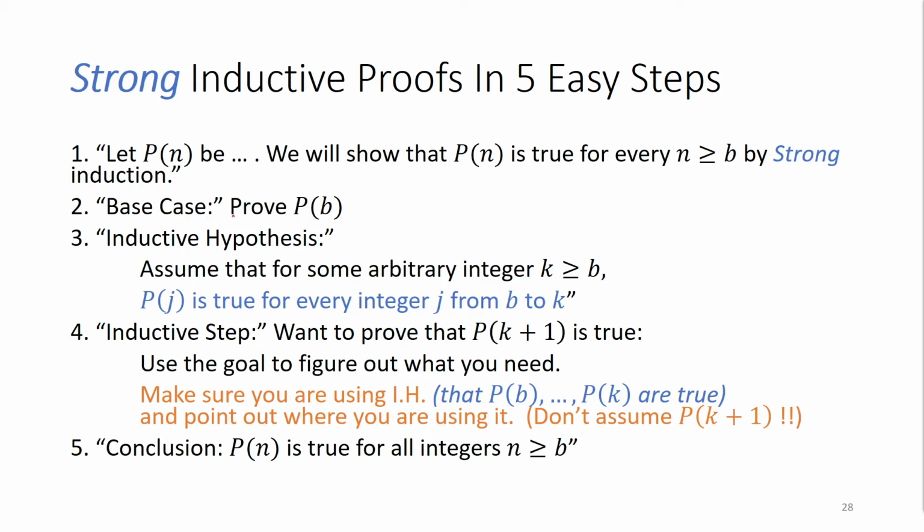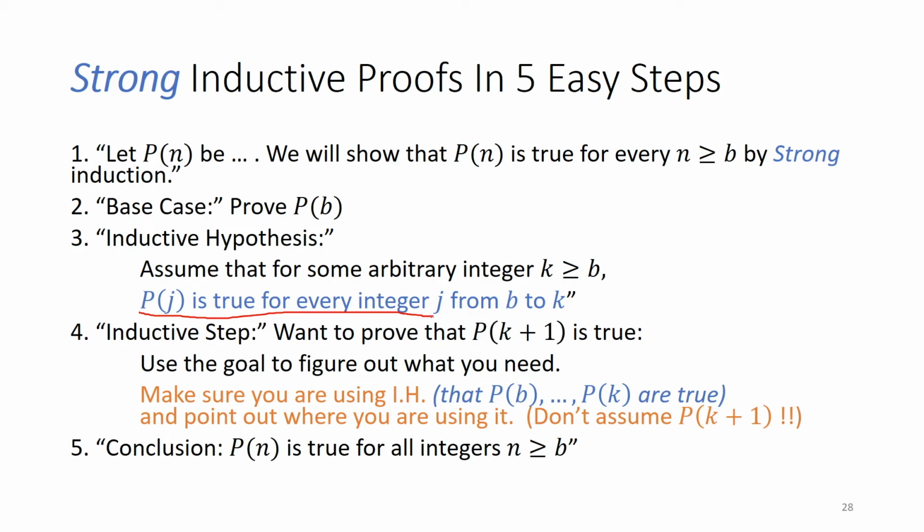We need to find the inductive hypothesis, but it is a little bit different from the previous one because we want to show all the previous steps are true. So P of j is true for every integer j from b to k. That is all the steps from the starting point to the current step k.